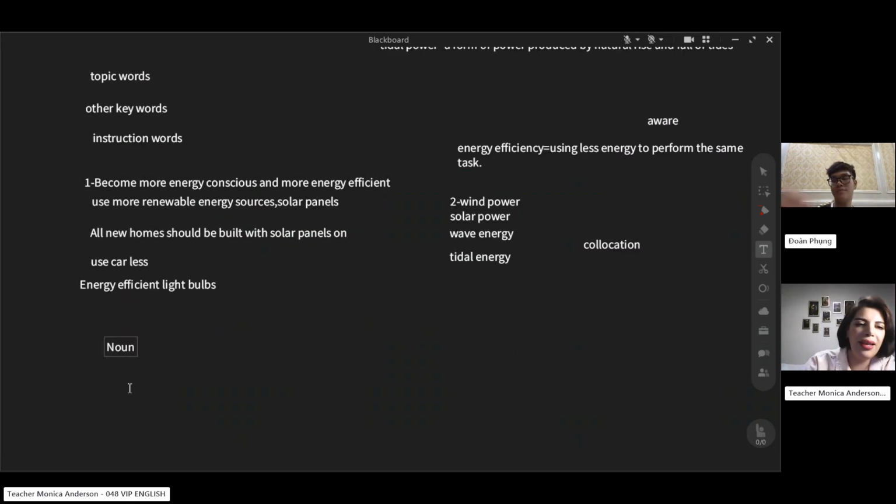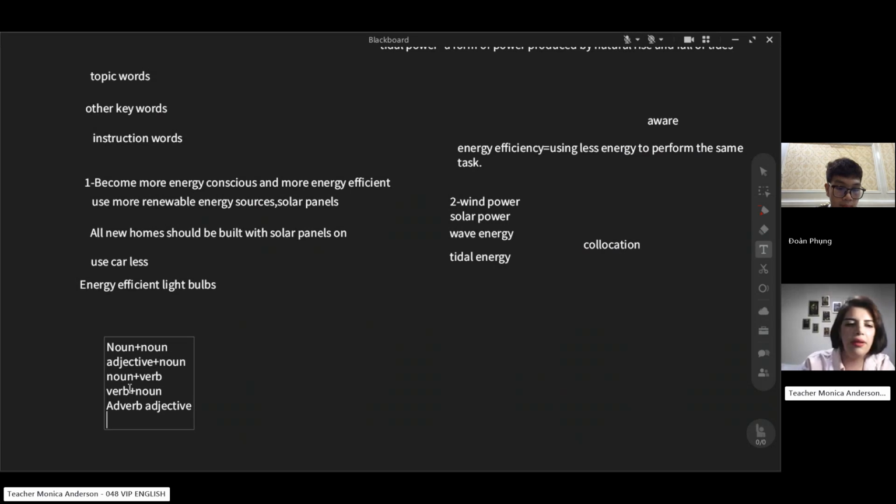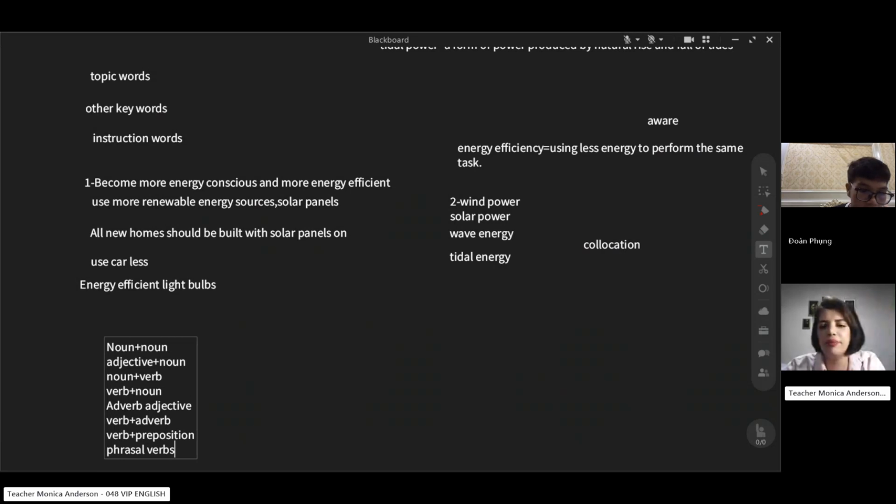The first one, noun plus noun, adjective, noun, noun, verb, verb, noun, adverb, adjective, verb, adverb, and verb, preposition, phrasal verbs.